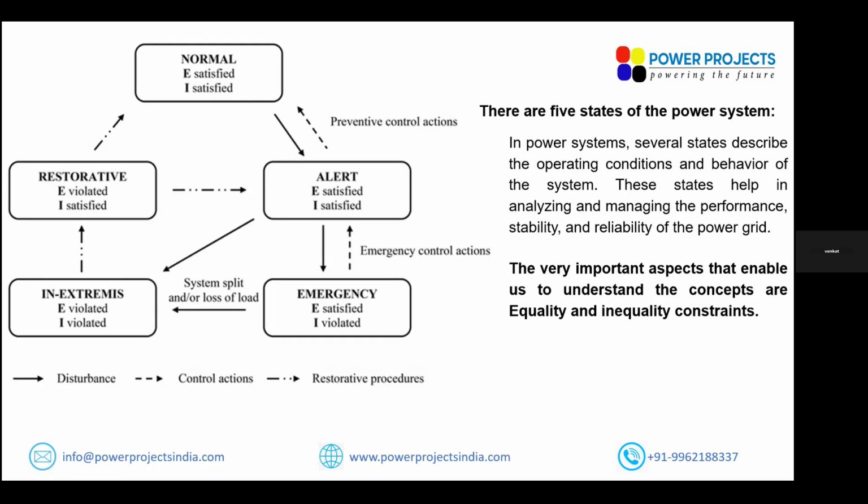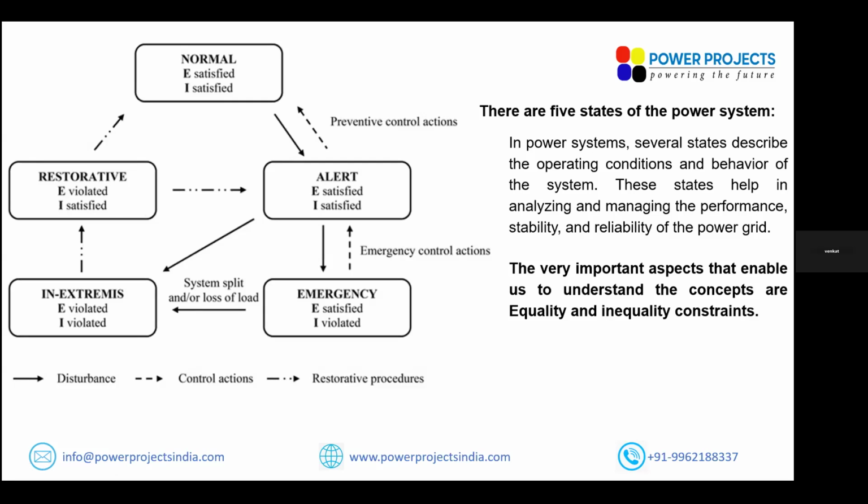So in alert, the system is still able to operate within its limit, but if there is any minor disturbance or high demand, this system will go to its emergency condition, or within the next second it will go to the extreme condition also.